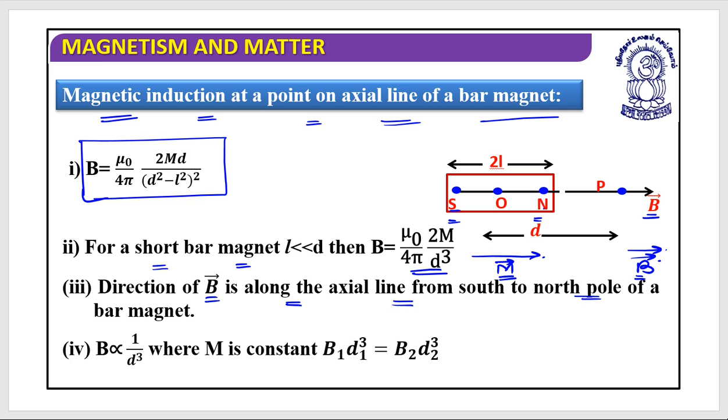And from this I have one more relation: the magnetic field is inversely proportional to the cube of the distance if m is constant. So I could write B1 d1 cube equals B2 d2 cube. I hope this is clear. Is it clear?